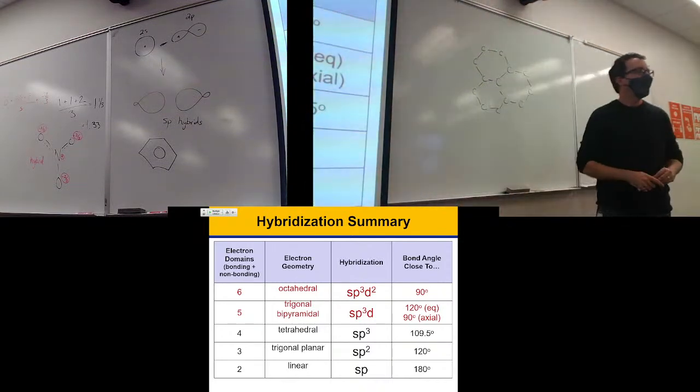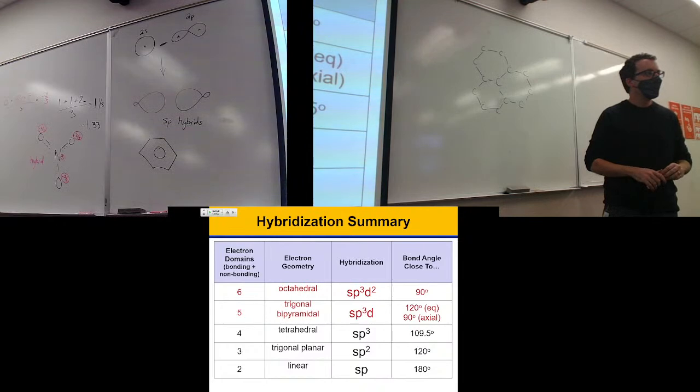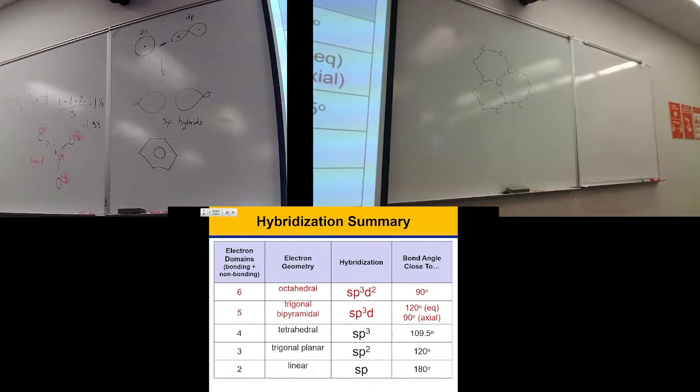Yeah? So on the Mastering Chemistry in here, the tetrahedral bond angle is 109.5. On the chem activity lab, it's 109. Does it matter? They're just shortening it a little bit. Okay. I'll accept the 109. It's fine.